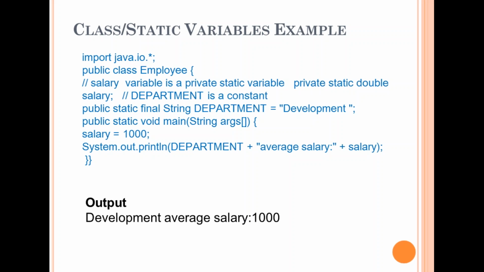If the static variables are not public and final, the naming syntax is the same as instance and local variables. The above example will produce the following result: development average salary 1,000. If the variables are accessed from an outside class, the constant should be accessed as Employee.DEPARTMENT in capitals.